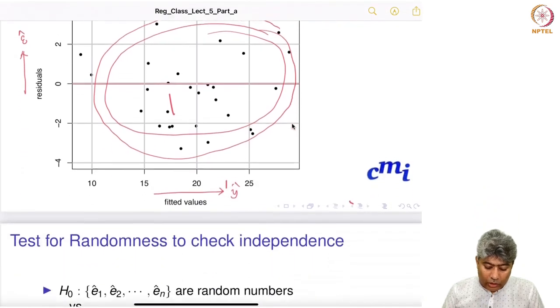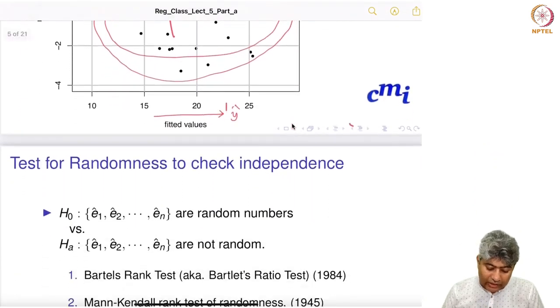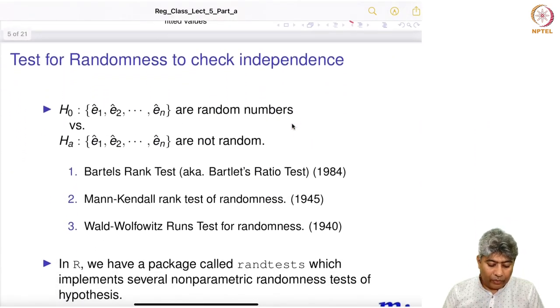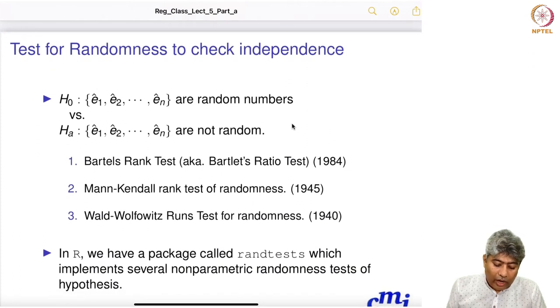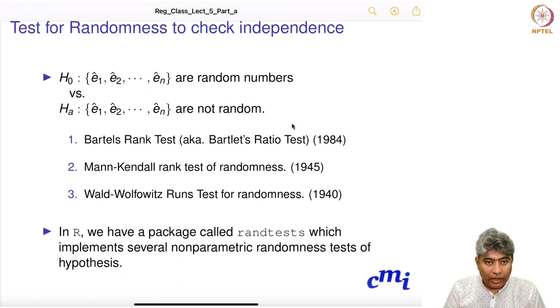Okay, next we will check the second assumption, test for randomness to check independence. So what is our null hypothesis? After fitting the model, we have these errors, e1 hat, e2 hat, en hat.